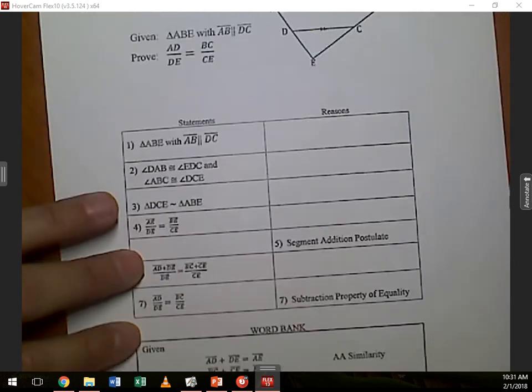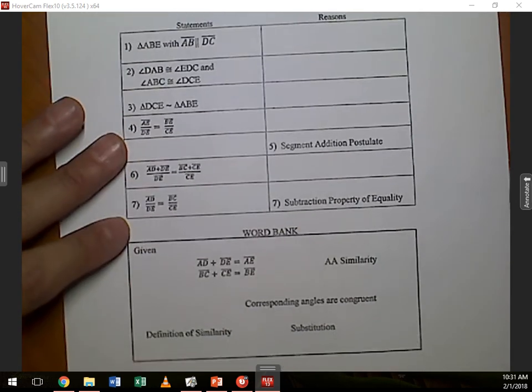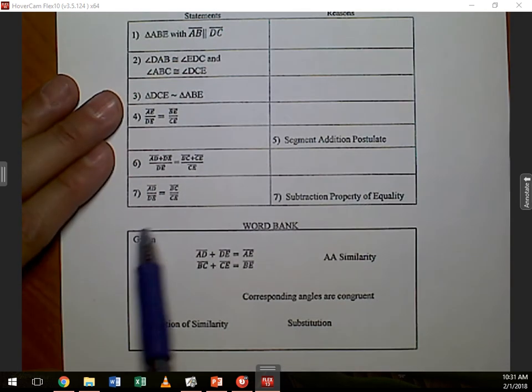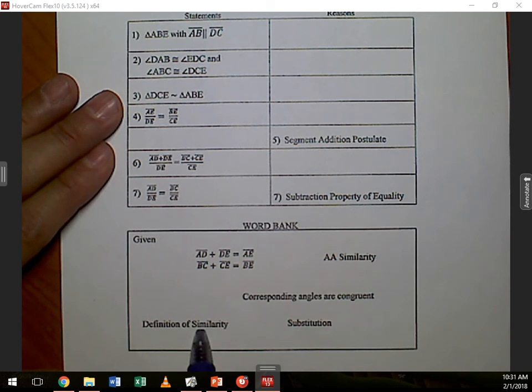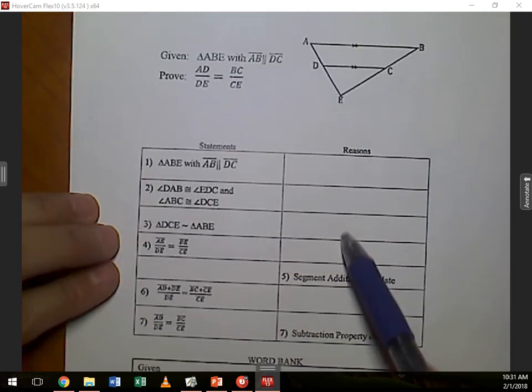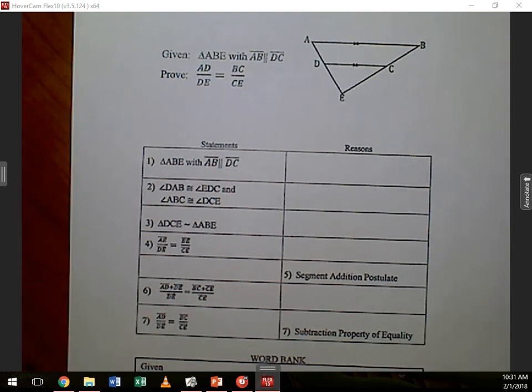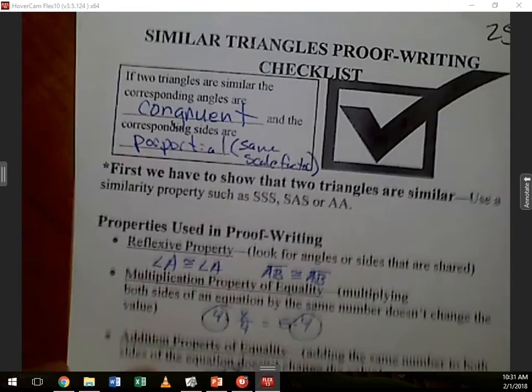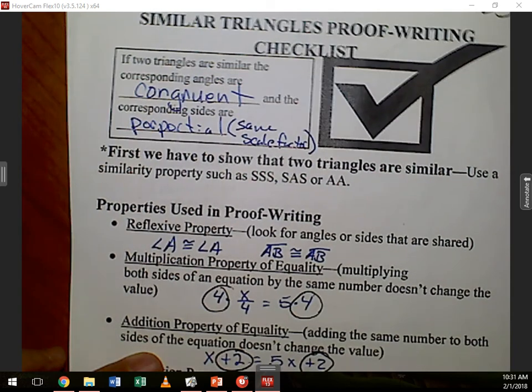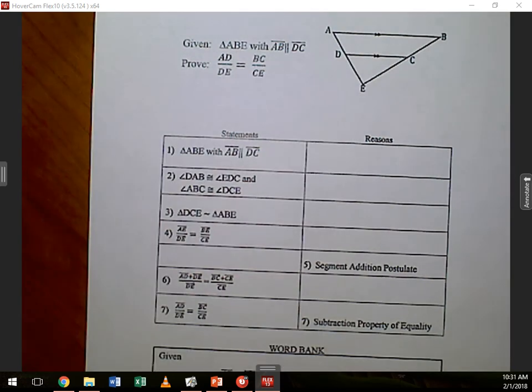So I have a bunch of reasons, and I only have, let me see, 1, 2, 3, 4, 5, 6. There it is. It fits. So you have to use this checklist to be able to fill in those other things for your practice today. All right? Questions?